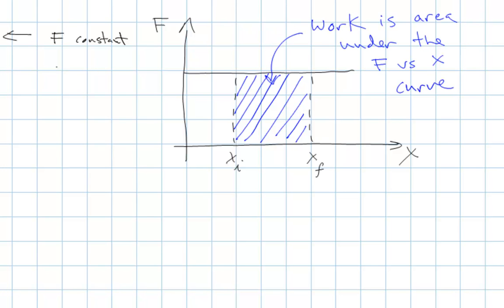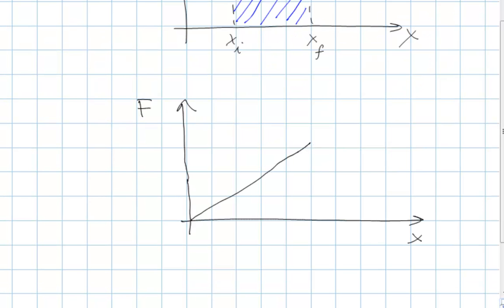Let's take a look now if we have a force that's not constant. How about something like this? If we're going from x initial to x final, and our force is increasing up to some maximum value, I have it increasing linearly, then the work done is the area under that curve.